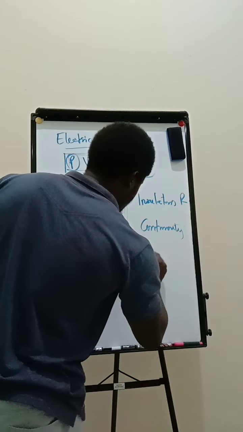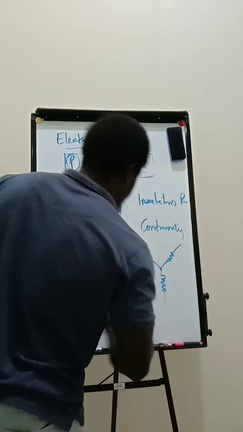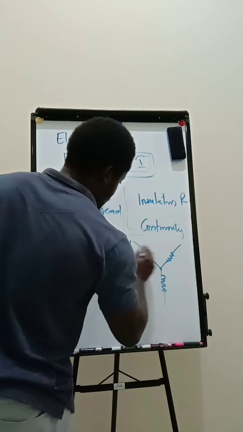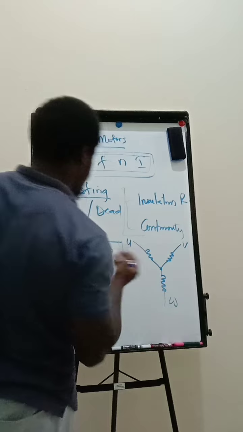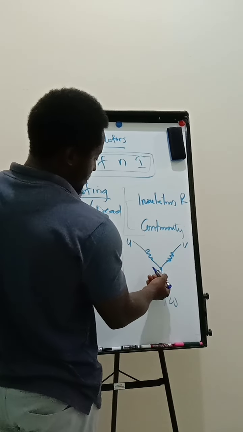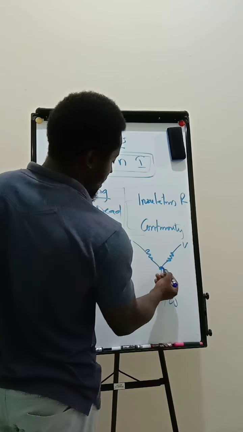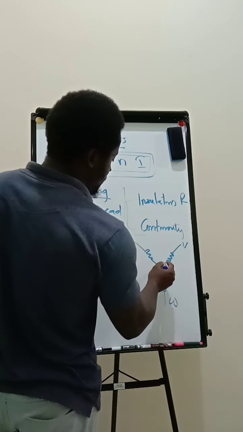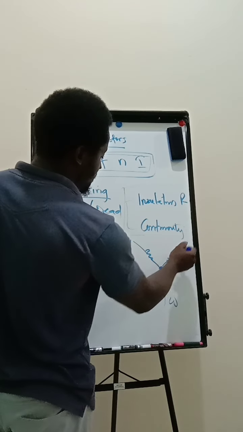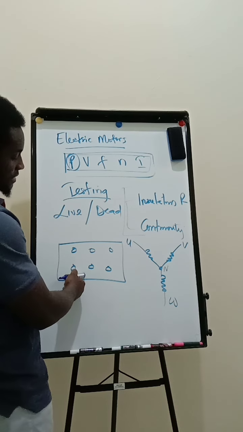For star, we have our star windings like this. We have U, V, W, for example. So what will happen is the end of each winding is going to be connected together. We have a node here, which is N. So how do we achieve that here on the nameplate?